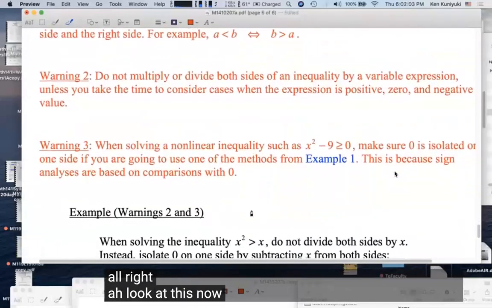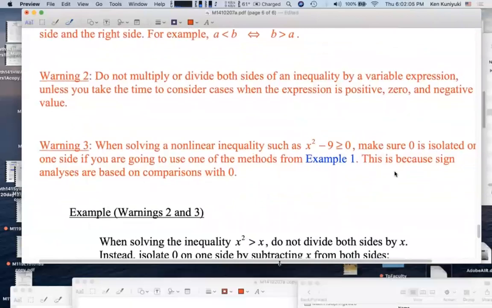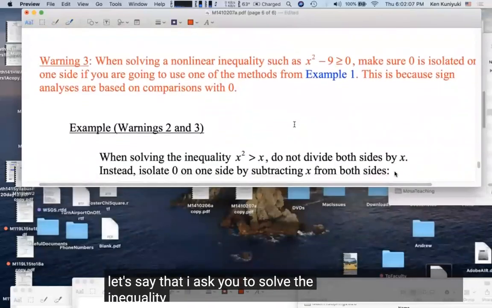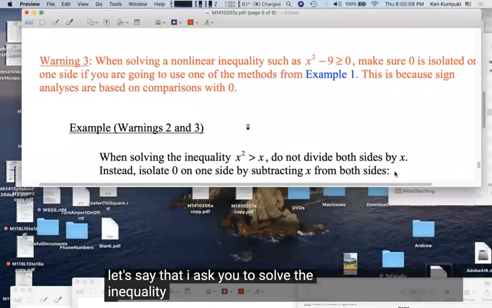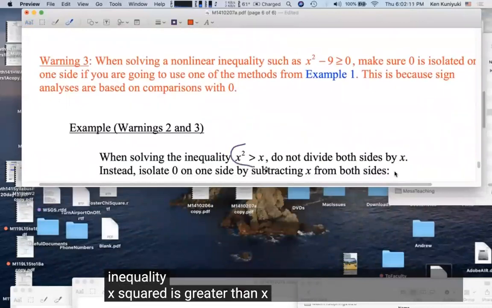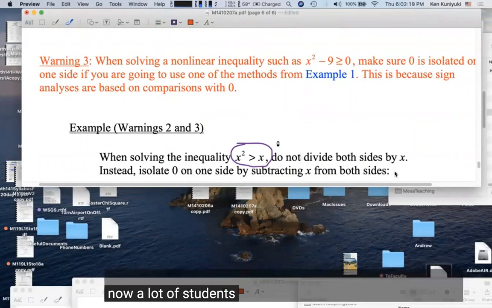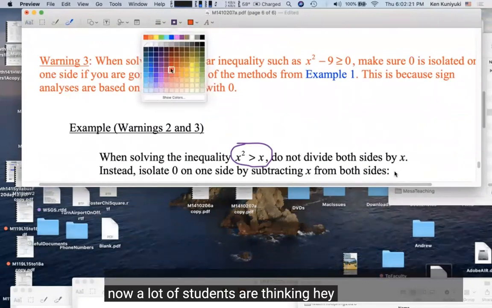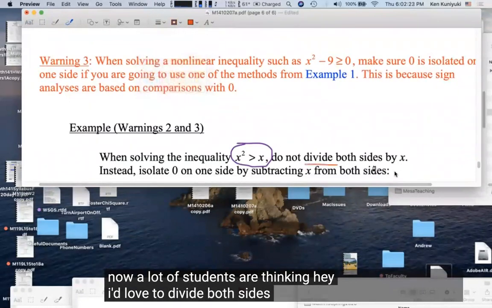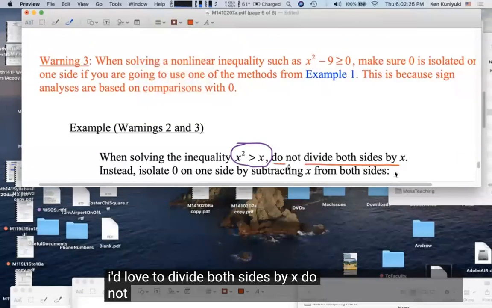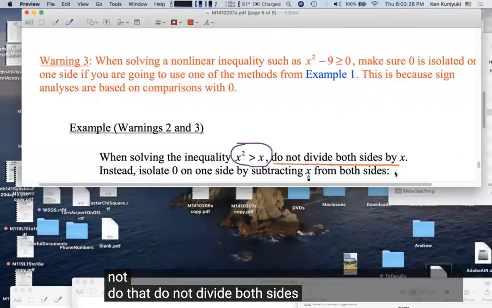Look at this now. Let's say that I ask you to solve the inequality x squared is greater than x. I want to know all real numbers whose squares are greater than themselves. Now, a lot of students are thinking, hey, I'd love to divide both sides by x. Do not do that. Do not divide both sides by x.